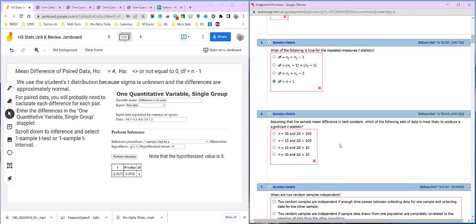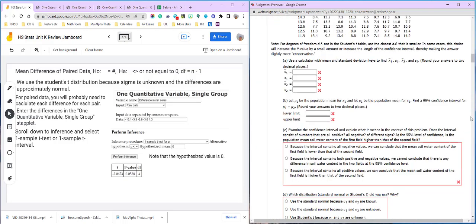So, assuming that the sample mean difference is held constant, which of the following sets of data is most likely to produce a significant test statistic? I'm on question 6 already, guys. So, the more precise you are, so the bigger your sample size, so it's either this one or this one, and this looks like that's supposed to be standard deviation. The tighter the standard deviation and the bigger the sample size.